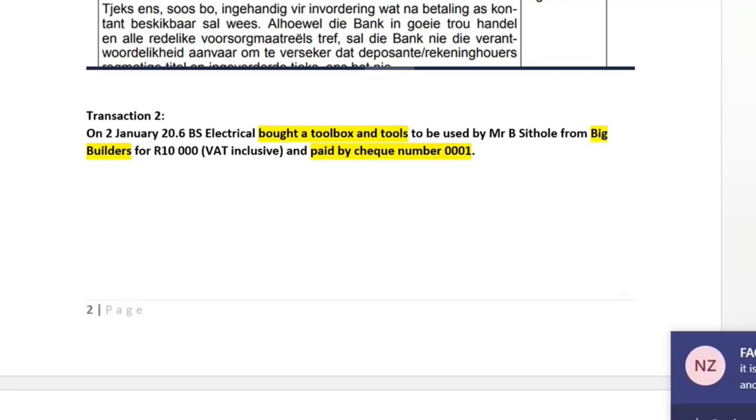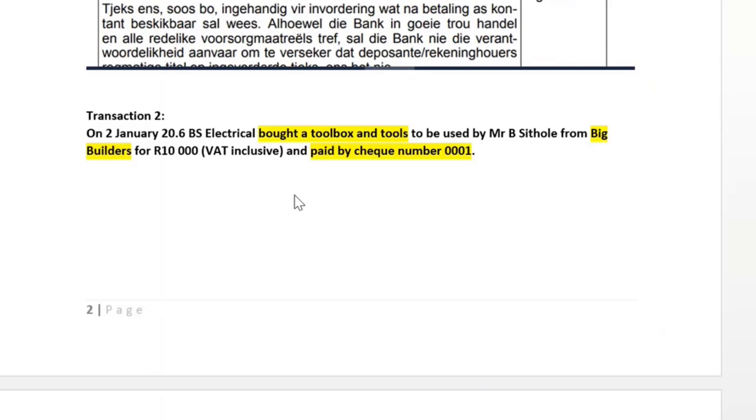So my question is, what is the proof of the details, like what I bought, a toolbox and tools? If the toolbox is an asset and I want to record this in the asset register, because this is an asset, I need to keep it in my asset register. What will I use as proof that I bought this?